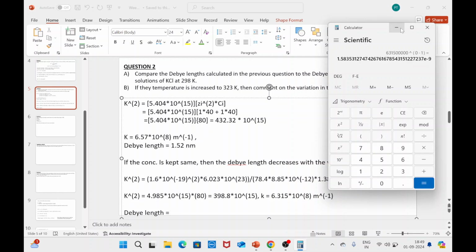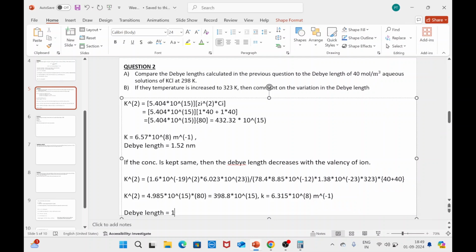It is 1.58 nanometers, or 1.58 into 10 to the power minus 9 meters. So this is the value of the Debye length. Of course, the difference is not that high.